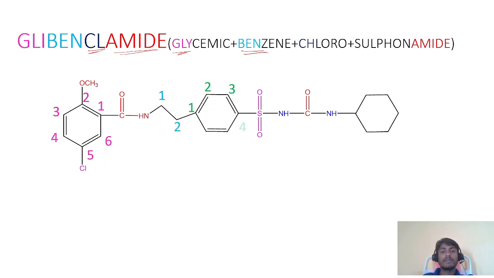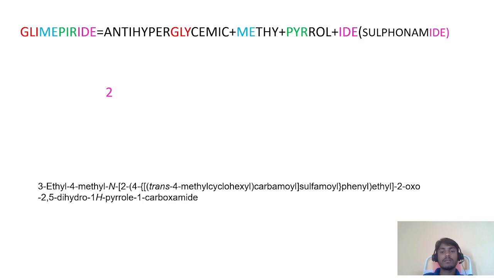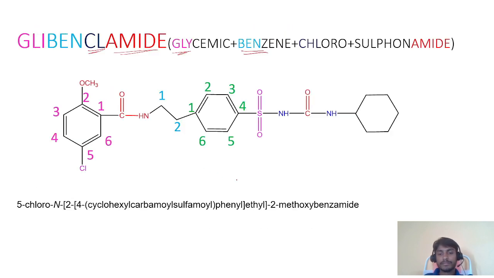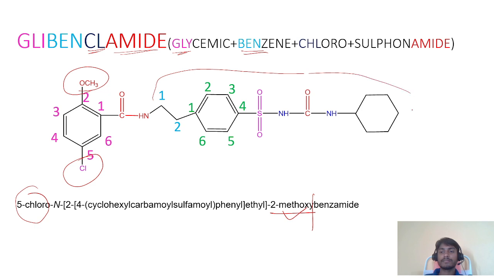Again, numbering for the benzene. So here 2-methoxybenzamide. So this structure we can call a benzene. Second position it is containing a methoxy group. 5-chloro, fifth position it is containing a chlorine group. Then at first position the entire substituent is there.